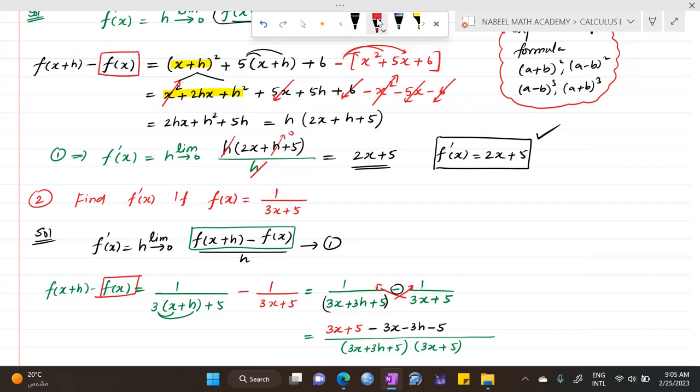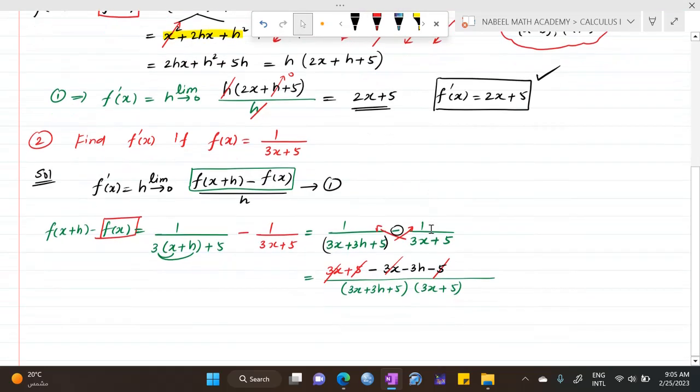What is cancelled here? 5 with the 5 and 3x with the 3x. And the remaining terms you will have here. So this equals minus 3h over 3x plus 3h plus 5 into 3x plus 5.